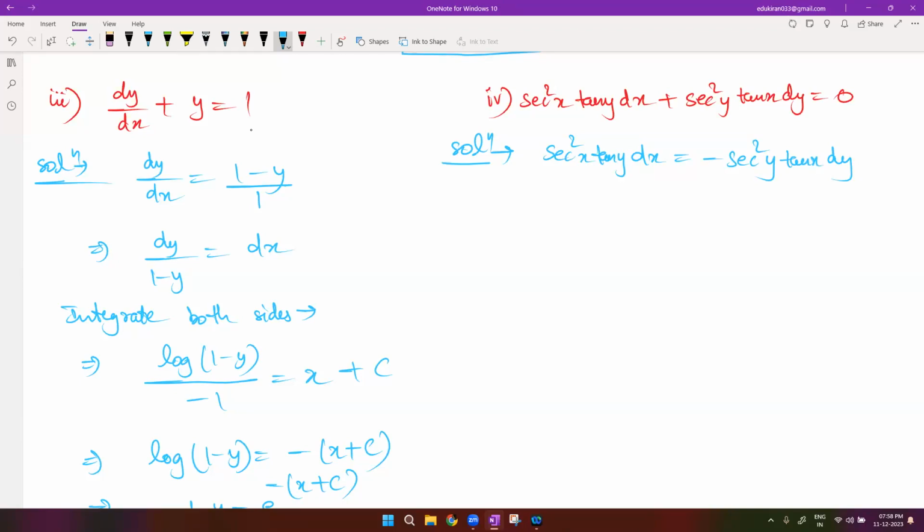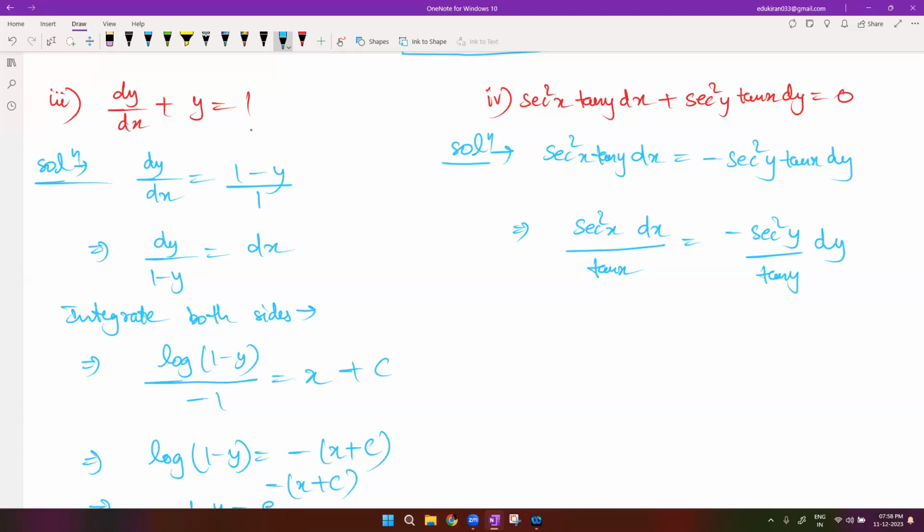And similarly, we don't need tan x on the right hand side. So let's exchange them. This will go in the denominator and this will also come in the denominator. So this will become sec square x dx divided by tan x is equal to minus sec square y divided by tan y into dy.